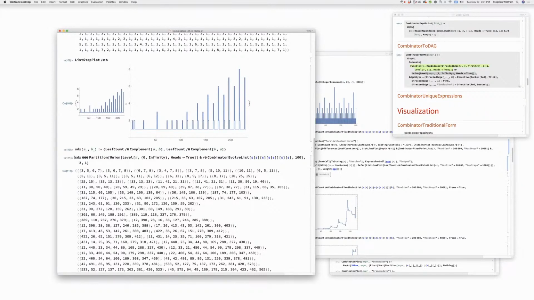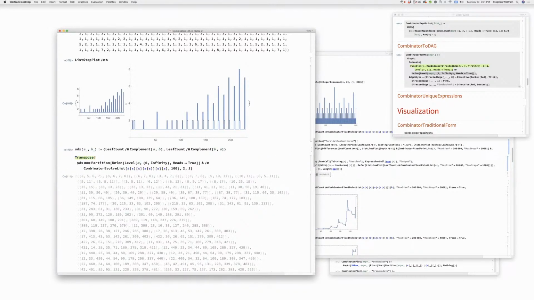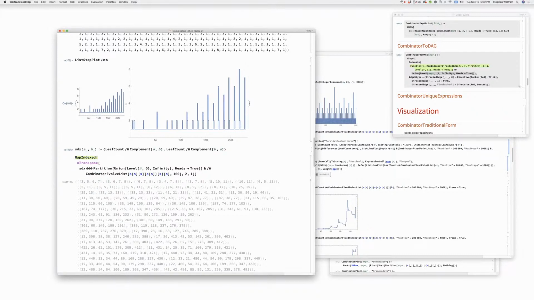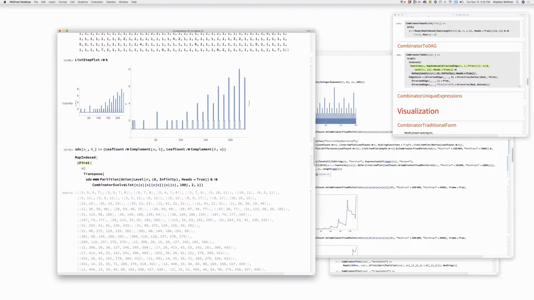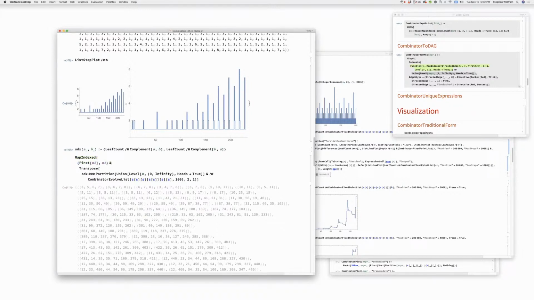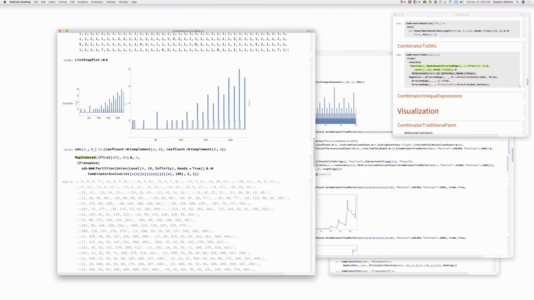We want to transpose that, then we get each of these, and then we say map indexed, for each of those, map indexed of first of hash 2, comma hash 1, onto hash at level 2, and then map that across this, and then for each of these we want to say list plot.